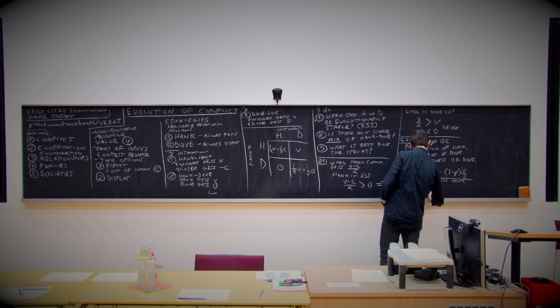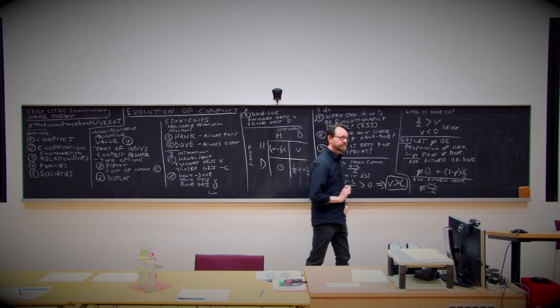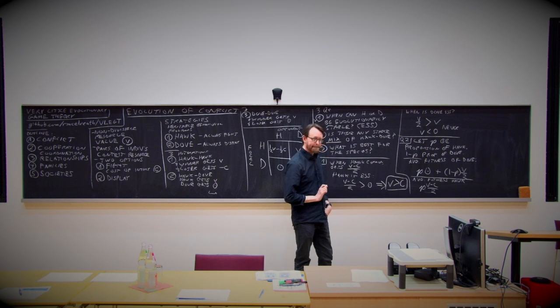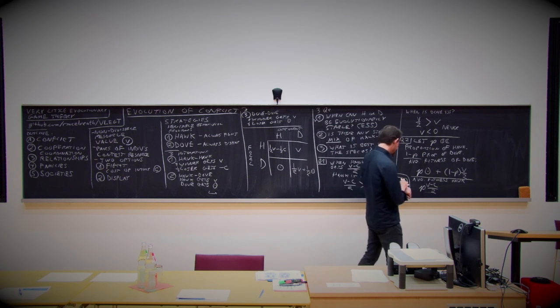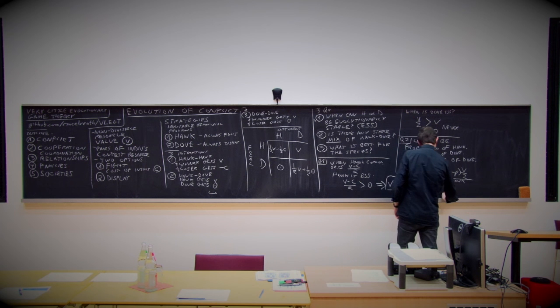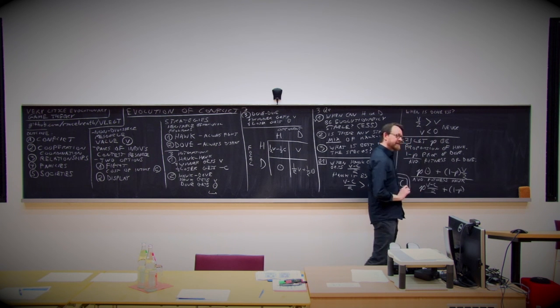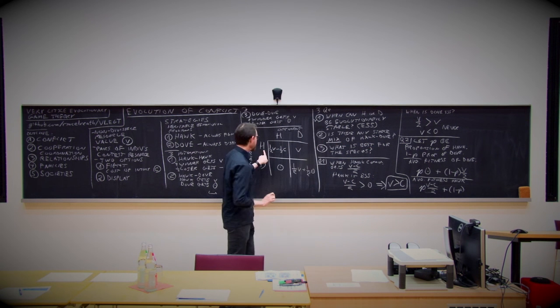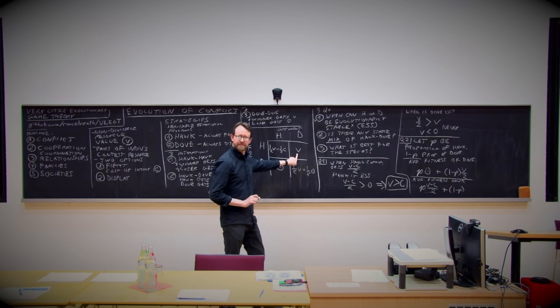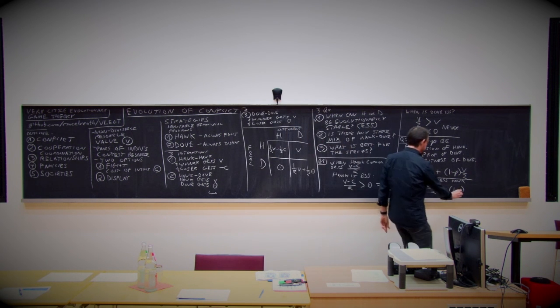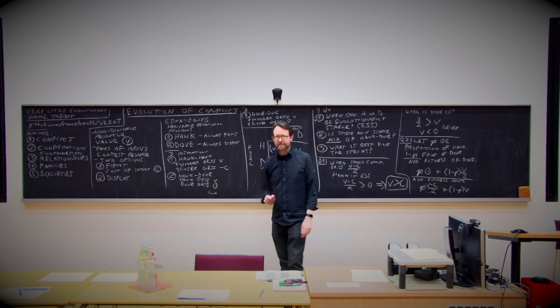So, b minus c over 2. Or, the hawk meets a dove. Right? Hawk meets a dove. And wins the resource. That happens 1 minus p of the time.